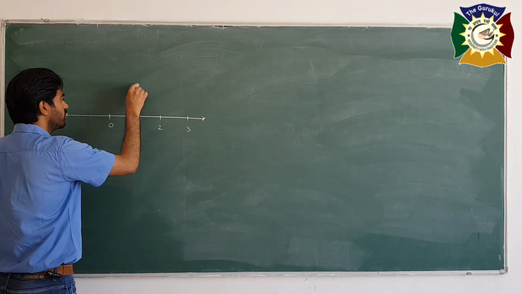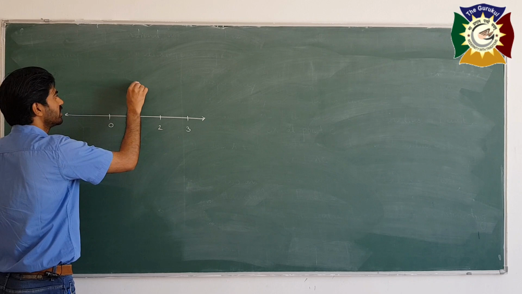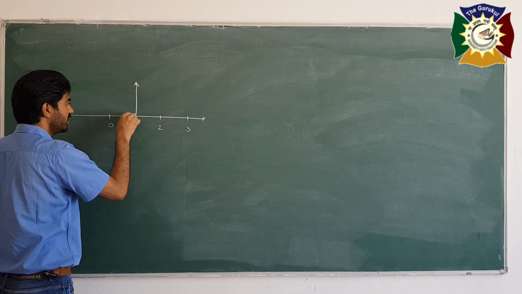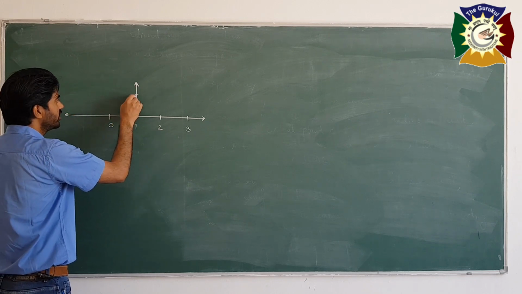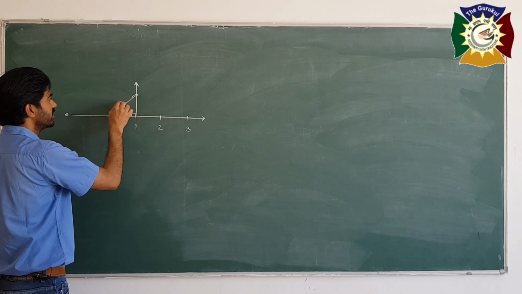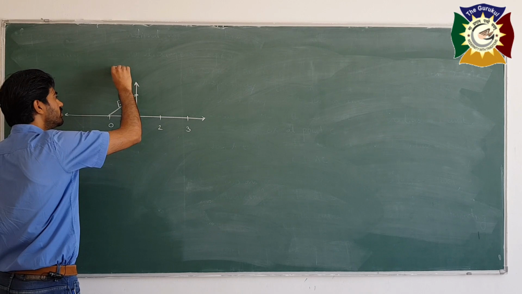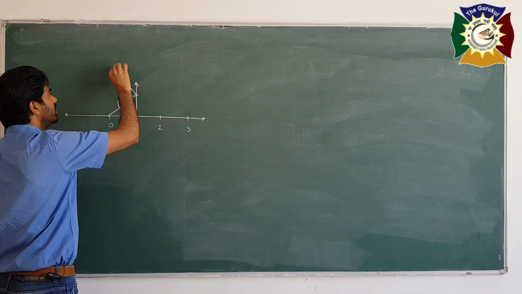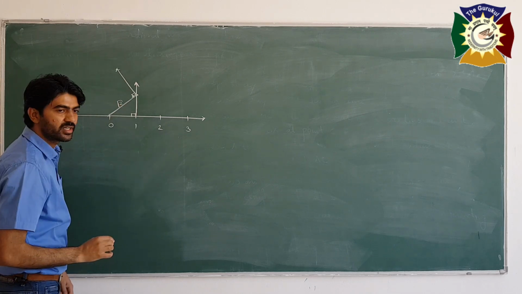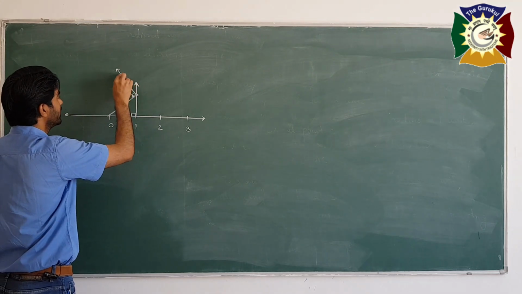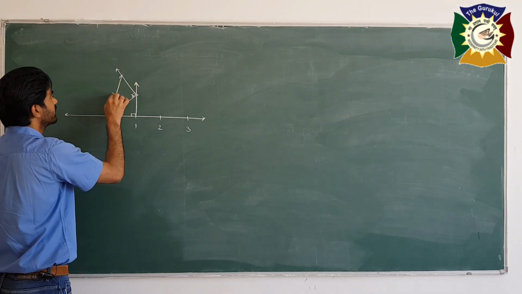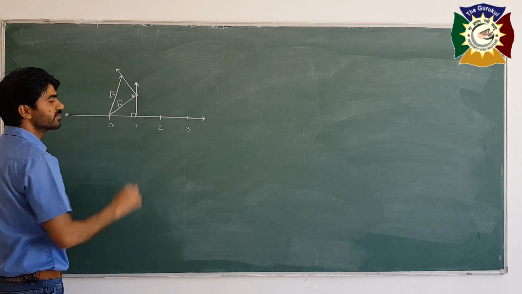Now if I draw an arc, a ray perpendicular, I'll cut 1 unit, so this represents root 2. Again I draw a perpendicular ray, I cut 1 unit from this, I join this, then this represents root 3.